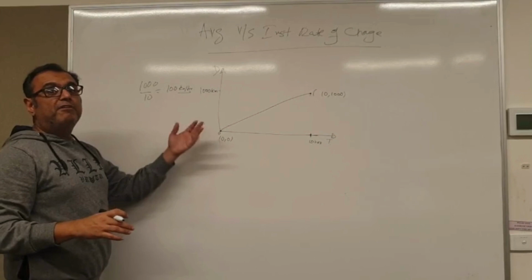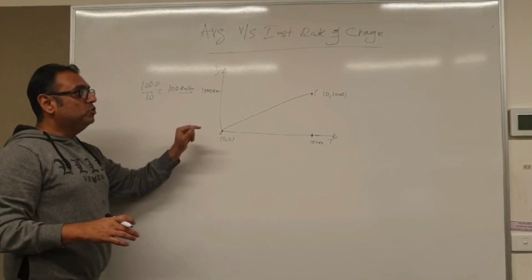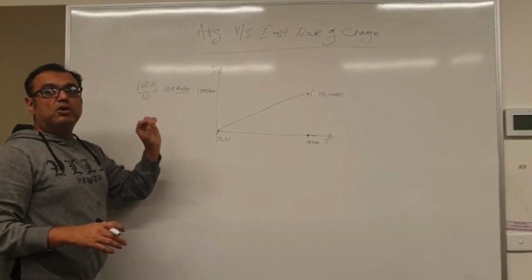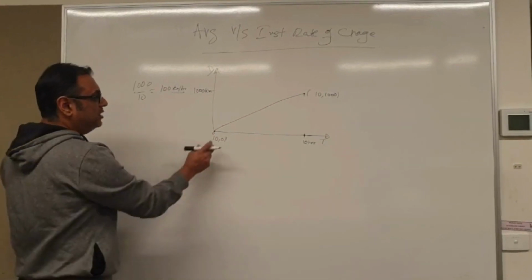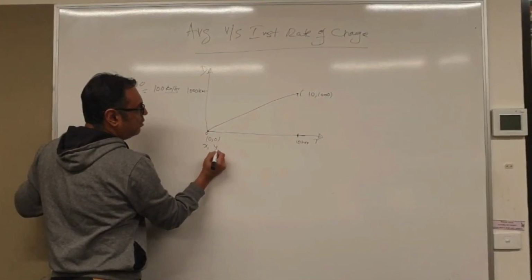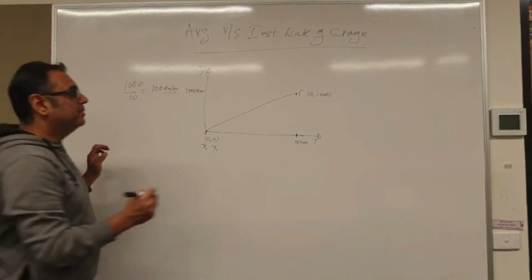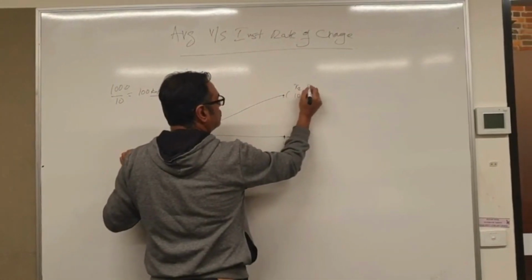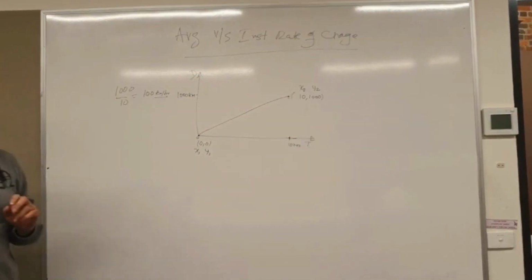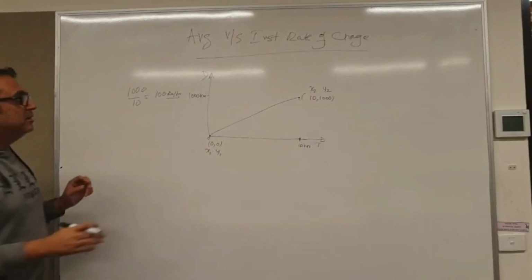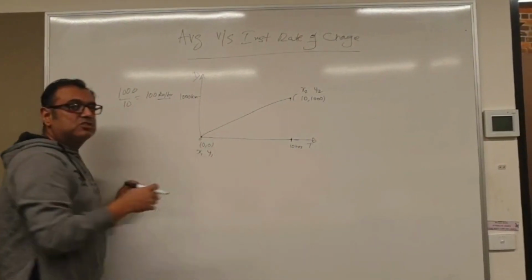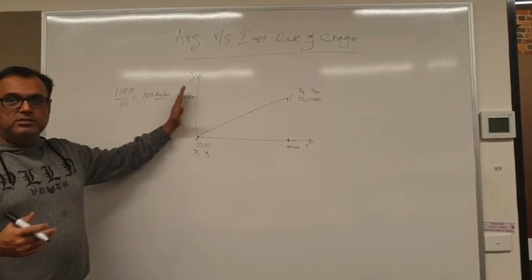Easy? Now if I use the concept of slope here, I've got 2 points, (x1, y1) and (x2, y2). Aishka, yes? What is slope? Rise over run.